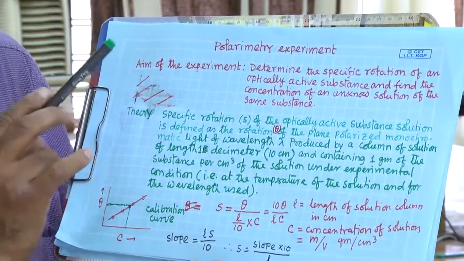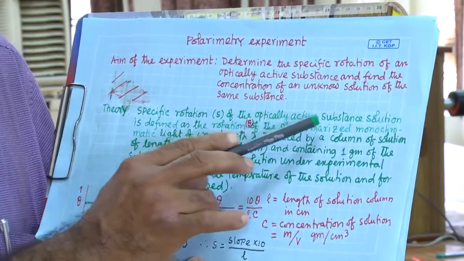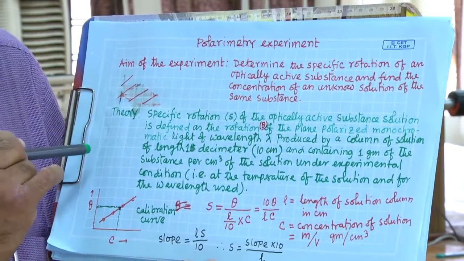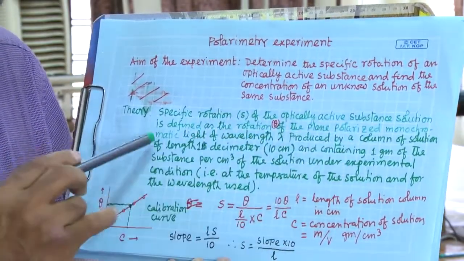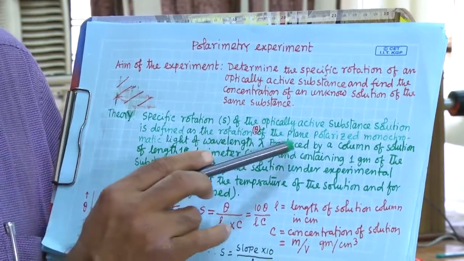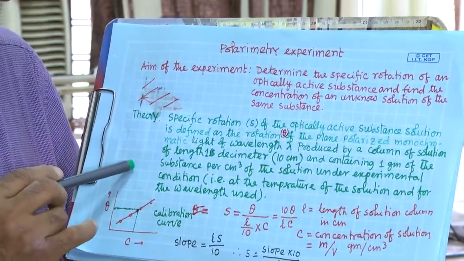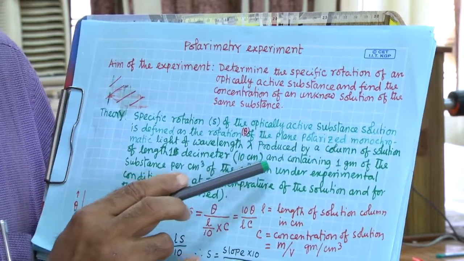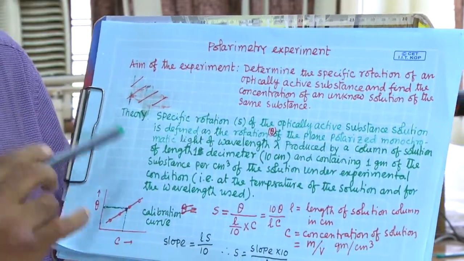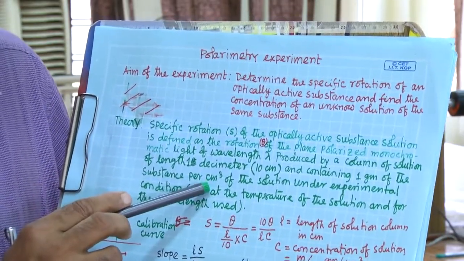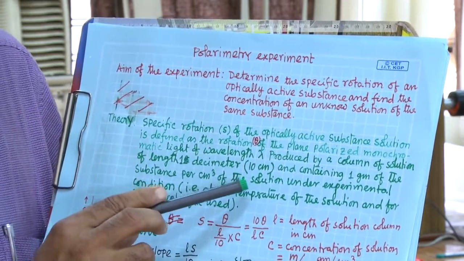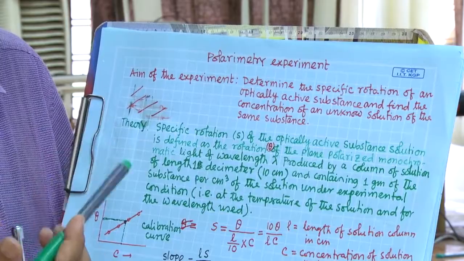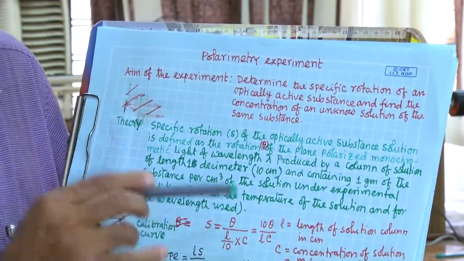The specific rotation of an optically active substance solution is defined as the rotation theta of the plane polarized monochromatic light of wavelength lambda produced by a column of solution of length 1 decimeter, means 10 centimeter, and containing 1 gram of the substance per cubic centimeter, per cc of the solution, under experimental conditions, means at the temperature of the solution and for the wavelength used for this experiment.